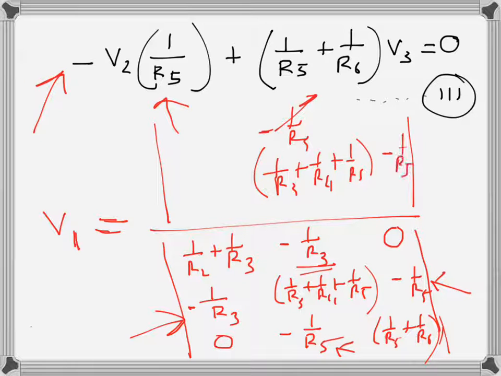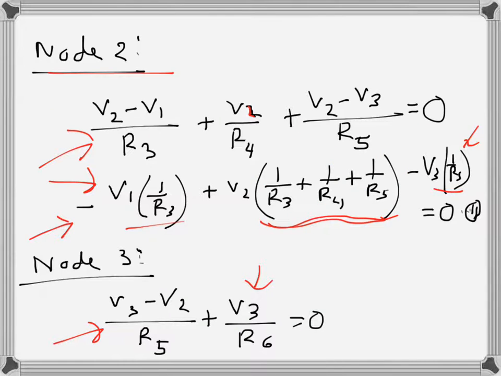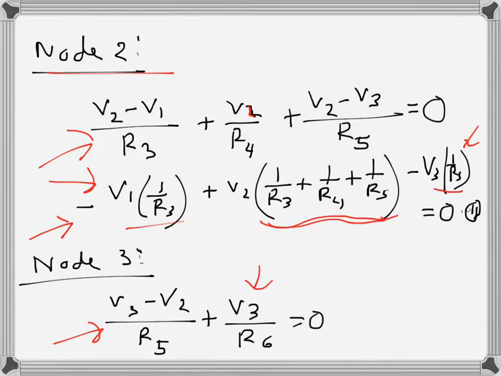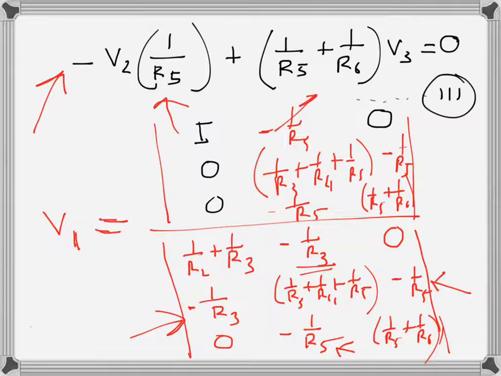So I will write, let me just finish this one first, 1 over R5 and then 1 over R5 plus 1 over R6, and this one was 0 here, and the first column will be the right hand side, so basically I, 0, 0, because those were the right hand sides. For the first equation the right hand side was I, the second and third was 0, so that is the solution for V1.